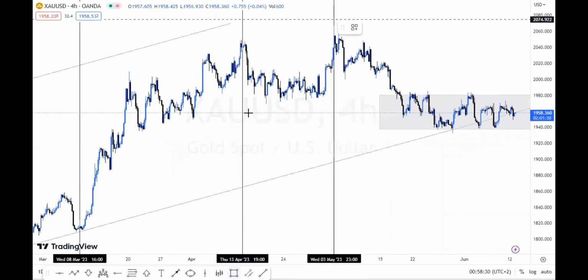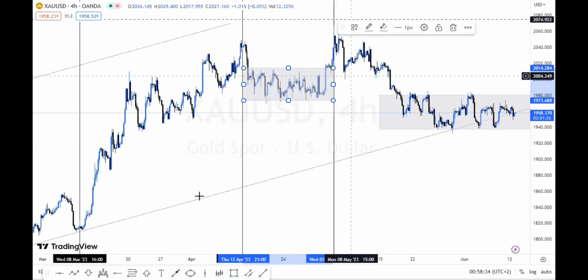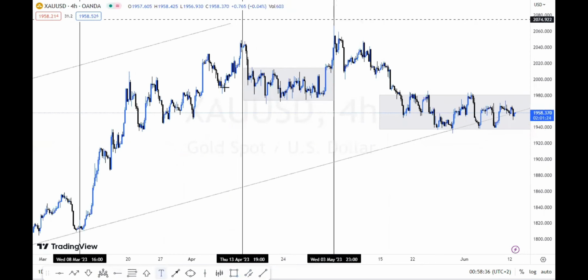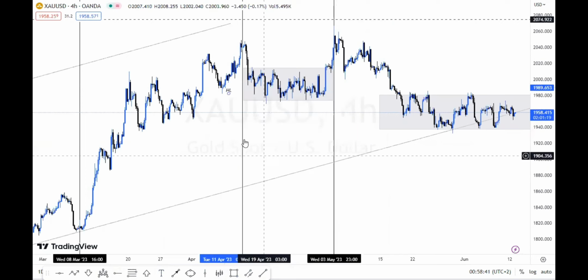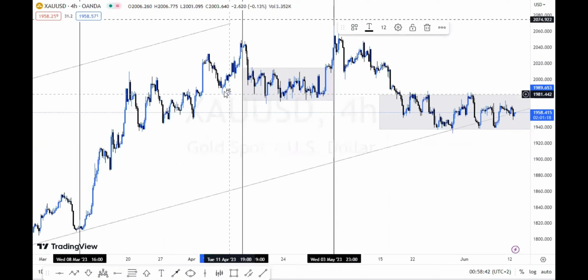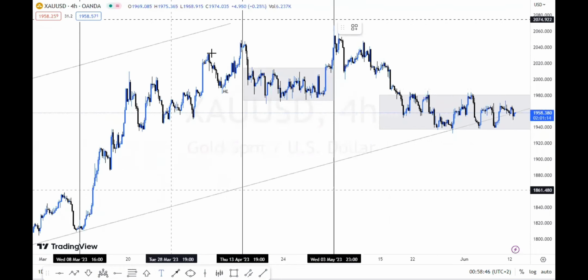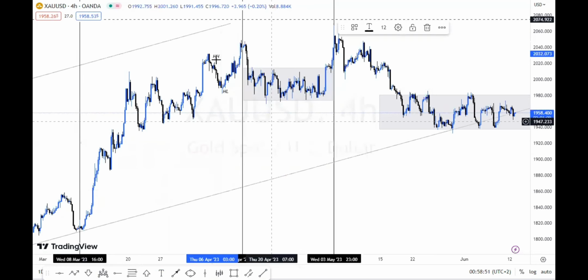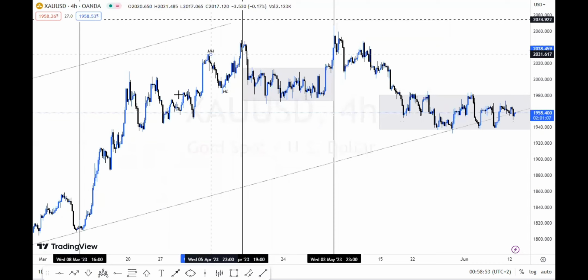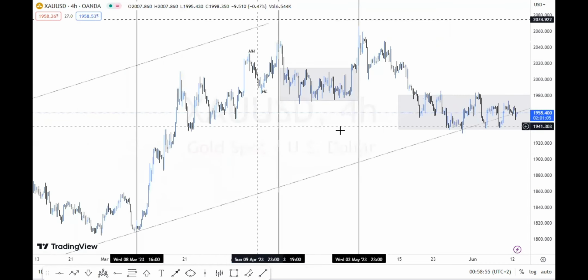See, we have a consolidation here that happened right after our bullish trend. We're just trying to understand who's really in control right now.